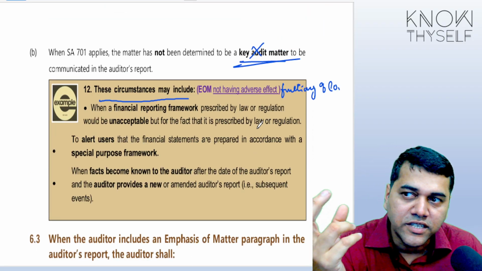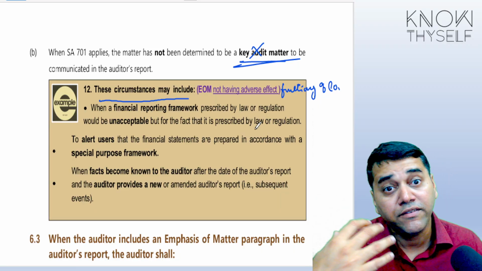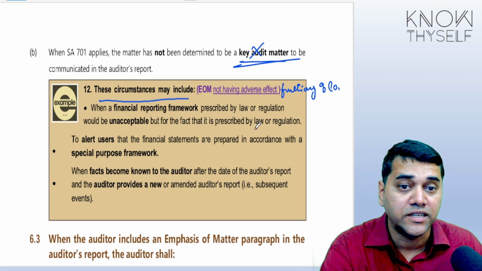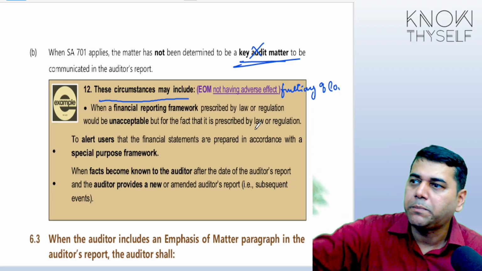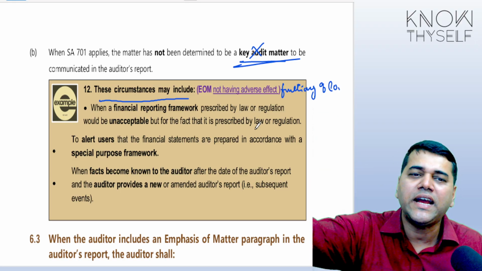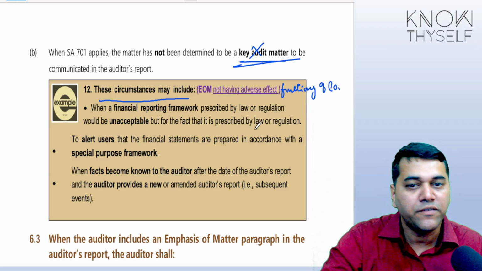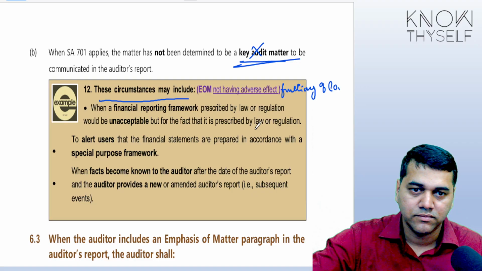Like the kid is seen with somebody having drugs, or the kid has got a health problem, they are having adverse effect on the functioning of the entity. There can be certain things, like the kid is not participating, not talking to someone. You say that's not having adverse effect on the functioning of the company, but that's very fundamental. You have to tell the kid. Or the kid is very rude in the class.